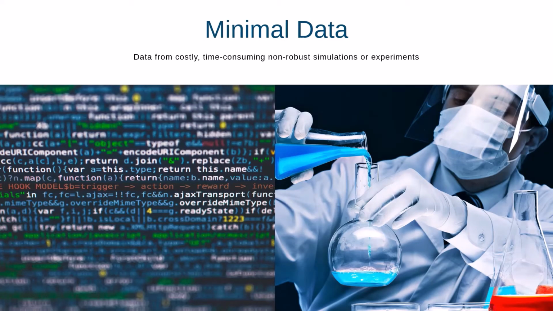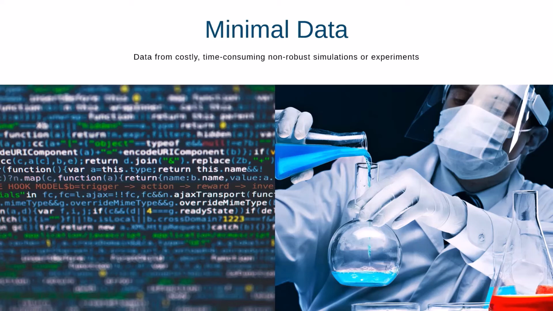In the era of big data, the amount of data points available for machine learning has exploded for many applications. However, this is not true in all situations. In many cases, the data is generated through simulation models that can take minutes or hours to converge. In other cases, data is generated through laboratory experiments or clinical trials on human subjects.